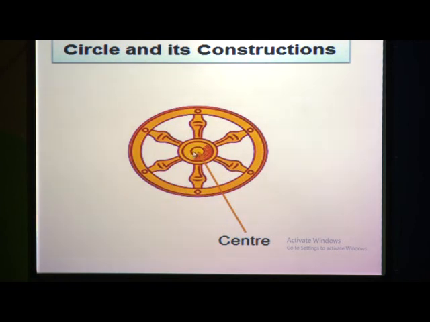We are just going to revise and see how we can construct a circle. This is the center point, and from the center towards any point on the circle we call it the radius, and the line that passes through the center of the circle and touches two parts of the circle is called its diameter.